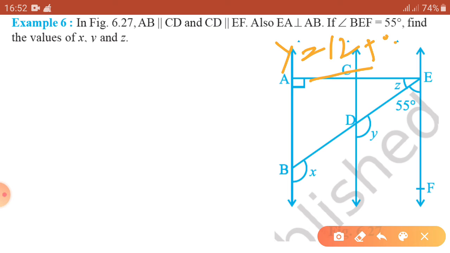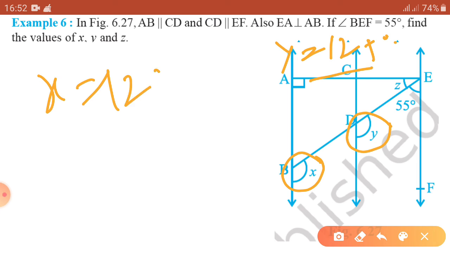Now again x is equal to y, that means this angle equal to this angle, because AB parallel to CD here, and we know corresponding angles axiom. So from corresponding angles axiom we can write that x is equal to 125 as y equal to 125 here.